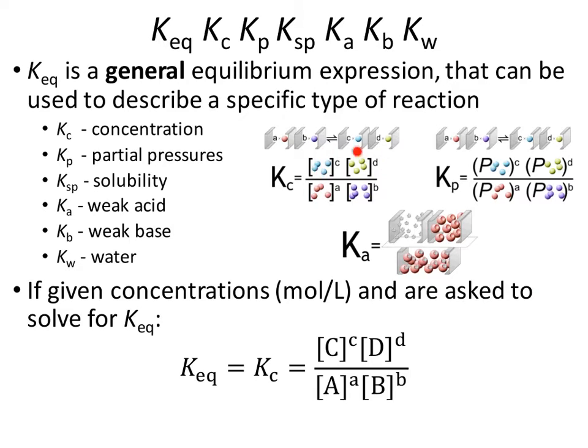We look at the relative abundance of our products over our reactants. Same thing if we look at pressure over here, and same thing over here. If we look at a weak acid, here we have our hydronium ions, our H plus, and our OH minus as well. So you can see that the relative abundance is going to be very much the same. It's just the way that we express this.